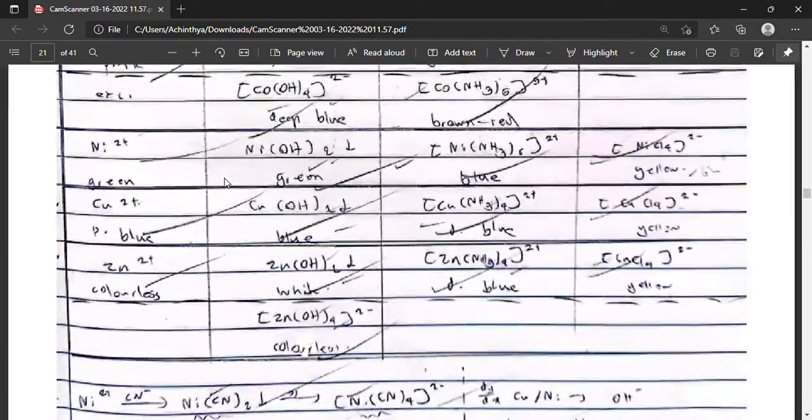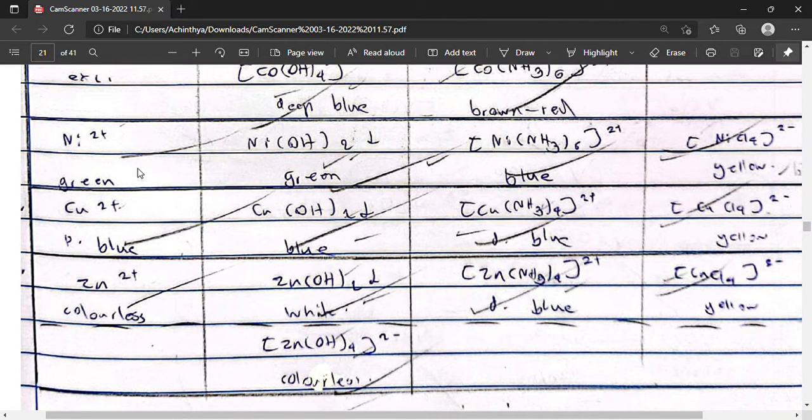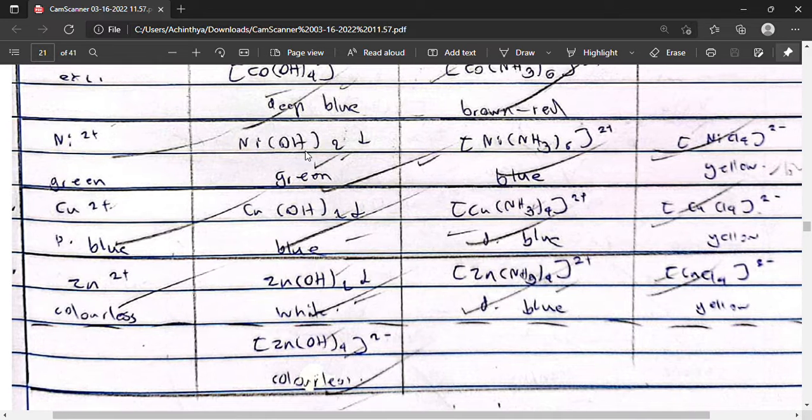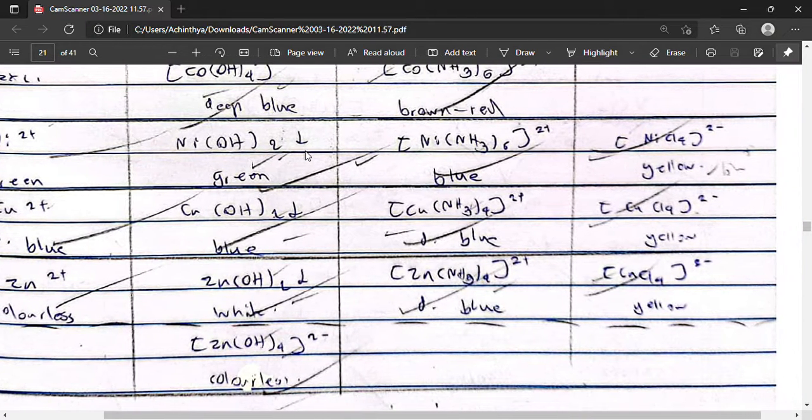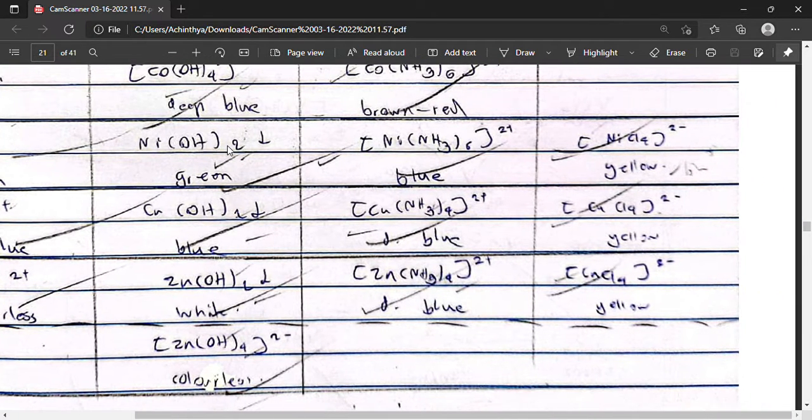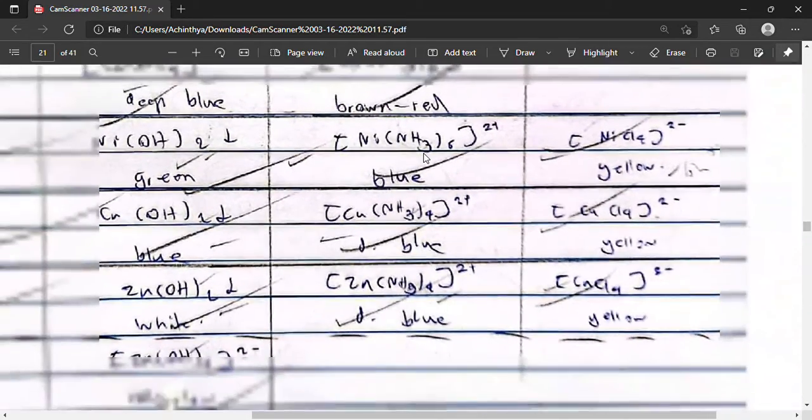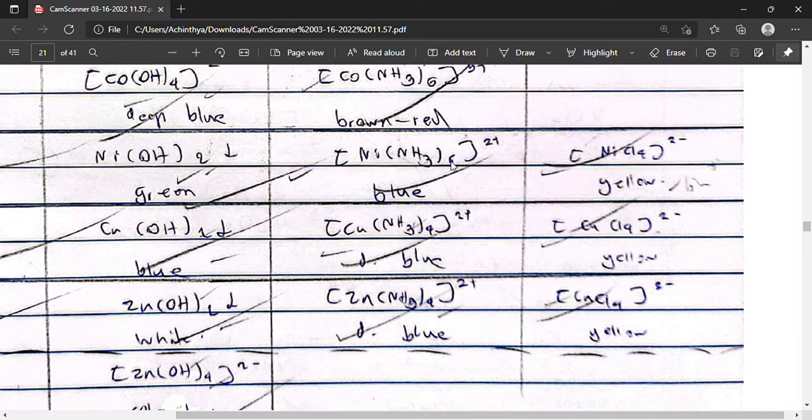Now let's go to nickel. Nickel forms a green color solution, and when hydroxide ion is added into the nickel ion solution, it forms this green color precipitate, nickel hydroxide, and it doesn't dissolve in excess hydroxide. However, if we were to add excess ammonia, it will form this amine complex.